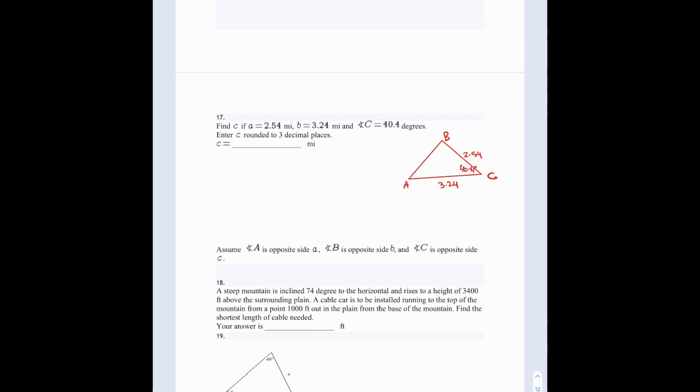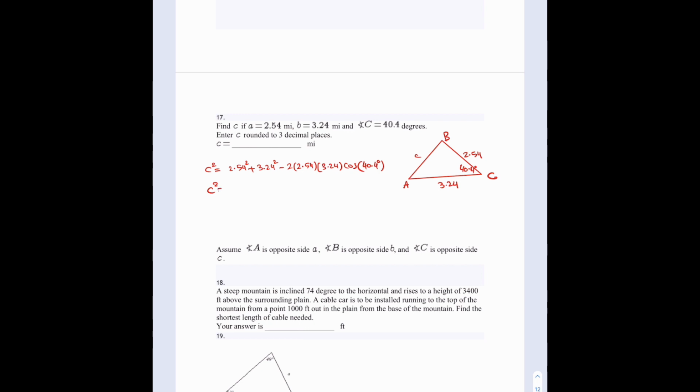Since I have a side and a side and the angle in between them, I am able to find side C using the law of cosine. So C squared is equal to A squared, which is 2.54 squared, plus 3.24 squared, which is B squared, minus 2 times 2.54 times 3.24 cosine of the angle in between them, 40.4 degrees.